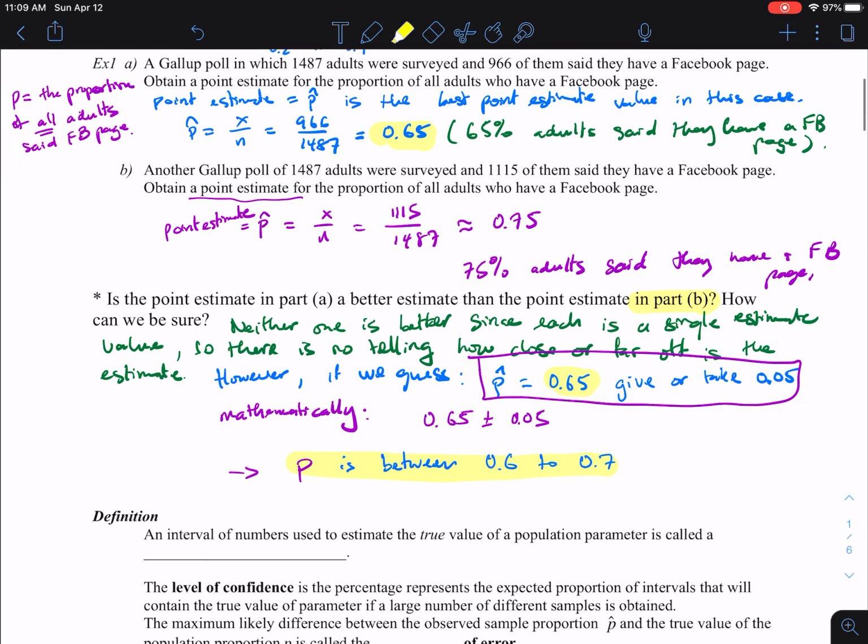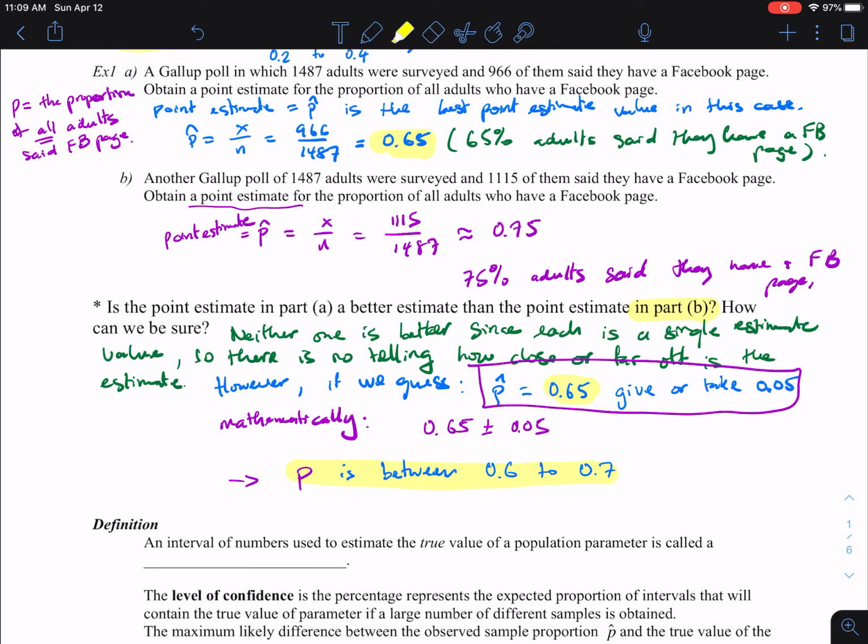So instead of using a single value 0.65 or a single value 0.75, we say it's somewhere between 60% and 70%. That comes from the way we sometimes guess in real life: give or take means around that area, but not exactly that single value.